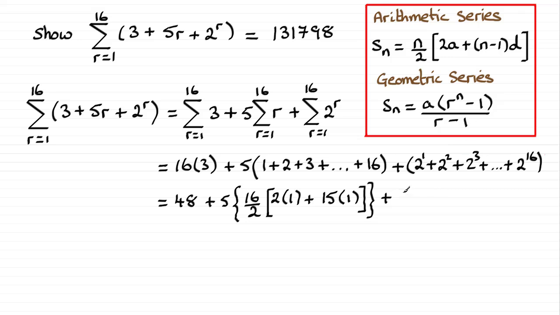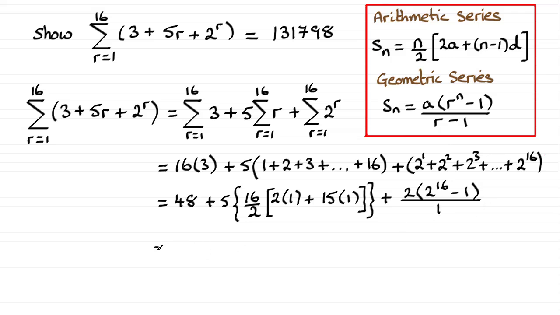So if we fill in our values, we have the first term, which is 2, times r to the power n. That common ratio r is 2 as well. We're multiplying each term by 2. So it's 2 to the power 16, minus 1, and that's all divided by r minus 1, 2 minus 1, which is 1.